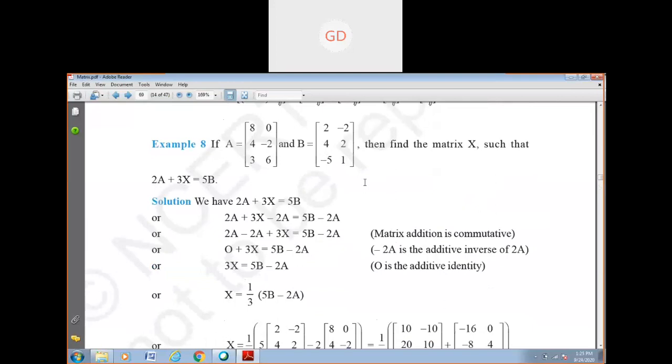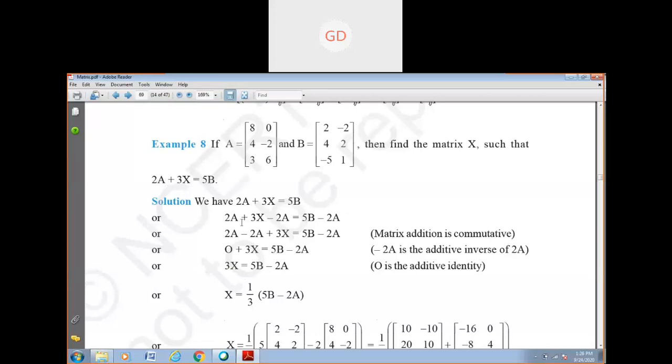From this relation, a simple matrix equation, because matrices are involved in this equation. X is the unknown matrix, B is given, A is given, so we need to find this matrix X. Similar to real number simplification, twice A plus thrice X is equal to 5B, it is given.